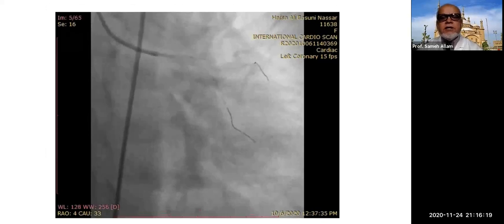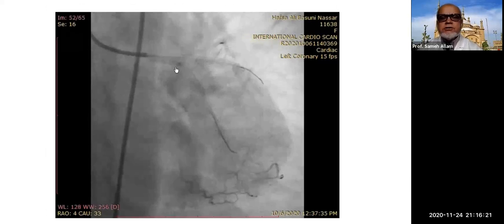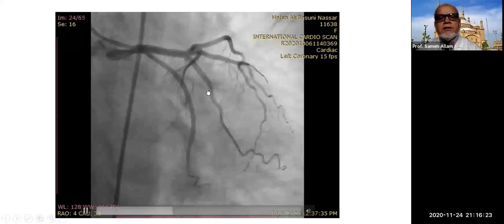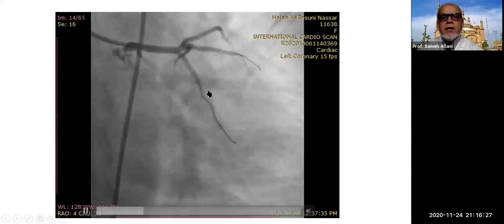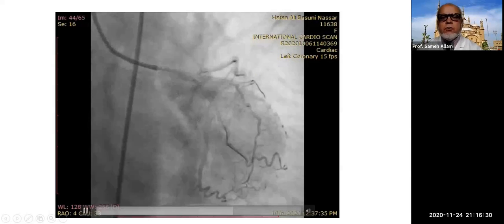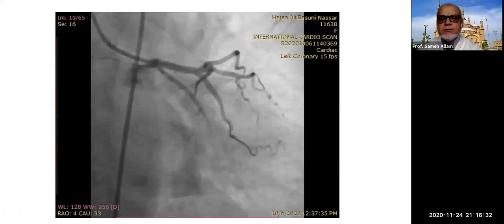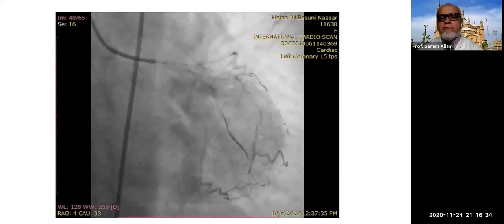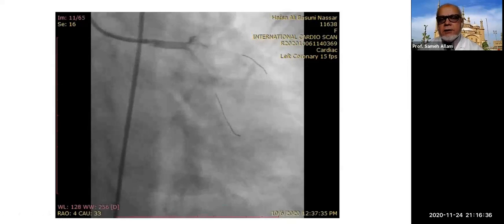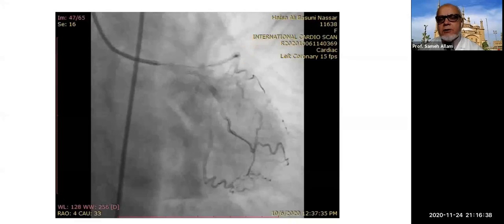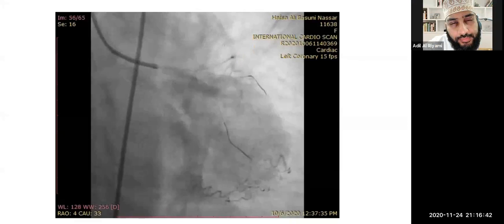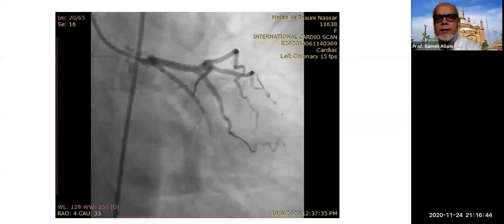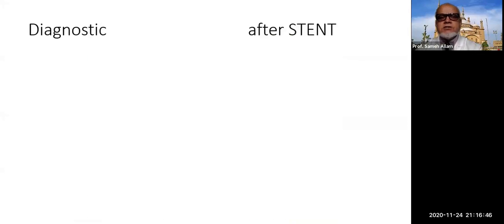And you can see now the three branches have regained again, and we returned to the baseline angio. So it was a dissection of the LED by the diagnostic catheter, and it was successfully treated with stenting.